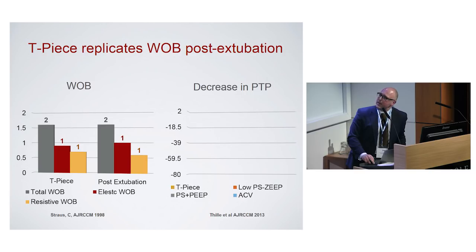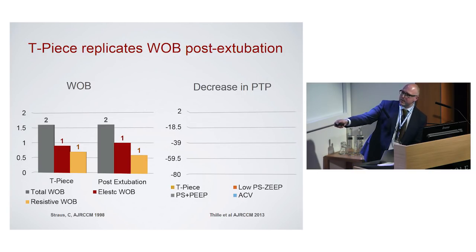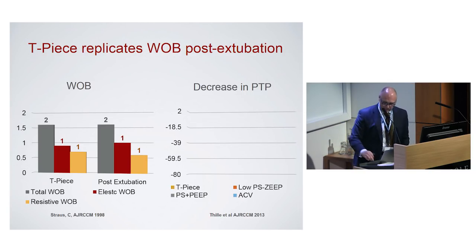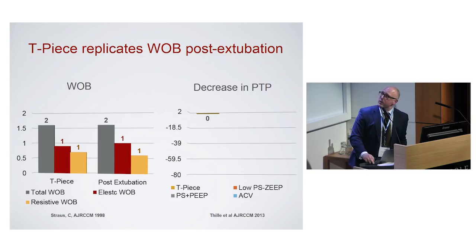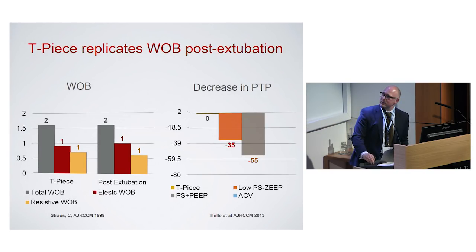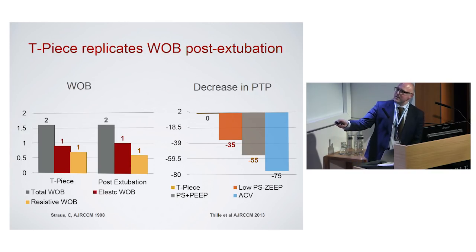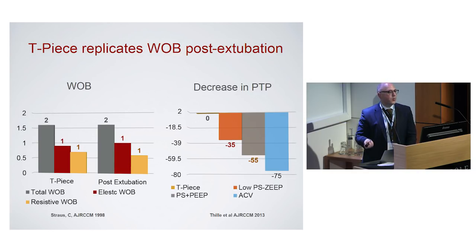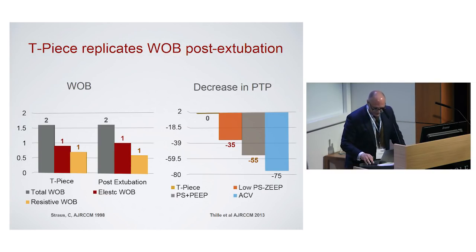And at the same time, this is the same concept, T-piece up to assist control. You can see, so this is a measure of work of breathing. So let me finish all the animation for you. And you can see that the assist control ventilation removes 75% of the work of breathing, whereas the T-piece will not remove any. So this is quite realistic.